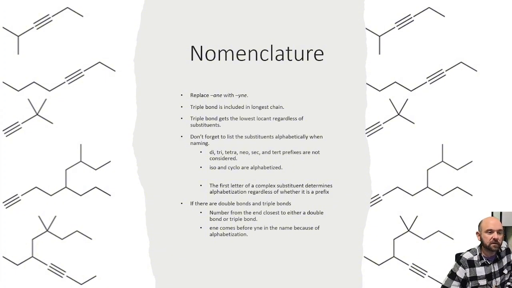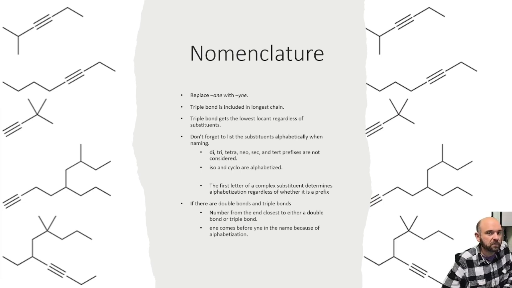Don't forget to list the substituents, as always, alphabetically when naming. As a reminder, di, tri, tetra, neo, sec, and tert are not considered when alphabetizing. Iso and cyclo are considered when alphabetizing. They're so common, I guess, for whatever reason.